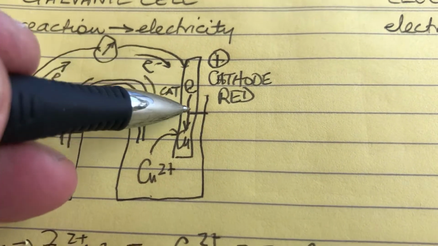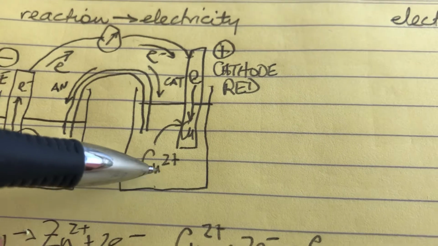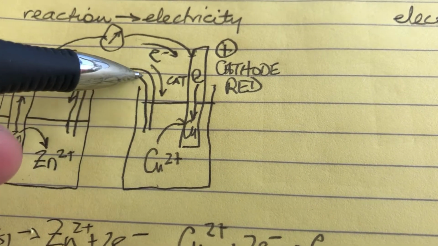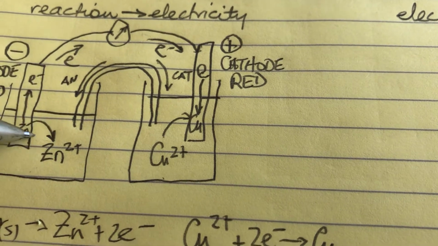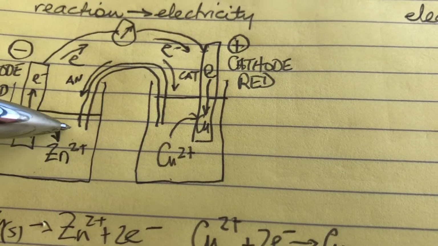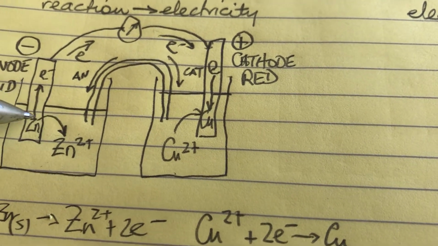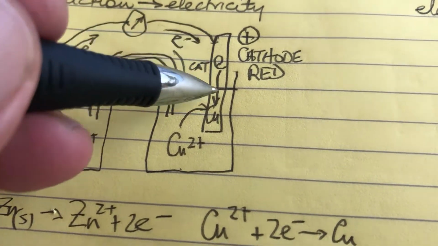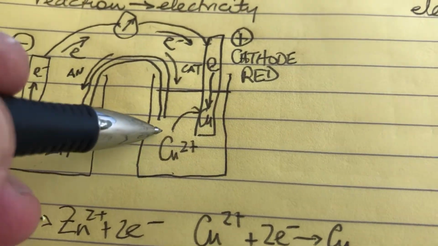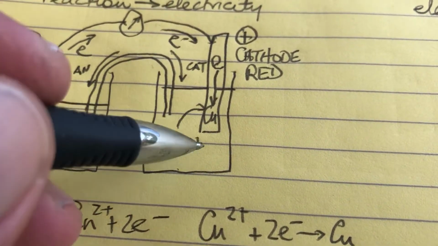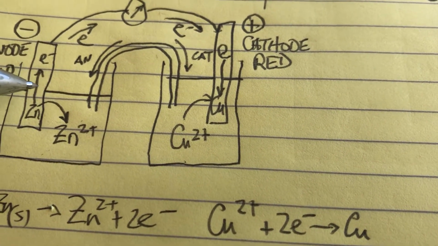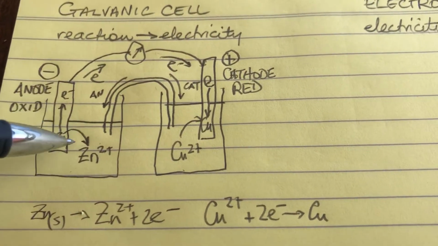So electrons flow down into the cathode. The charge carriers in the solution carry that negative charge through here. The charge of the two beakers remains neutral, and the electrons complete the circuit. And this occurs until you run out of the copper 2 plus ions in solution, or you run out of the zinc electrode, and then the cell has gone flat.